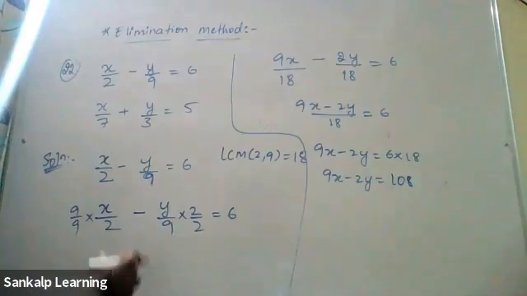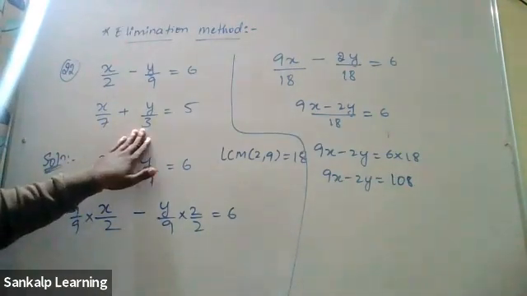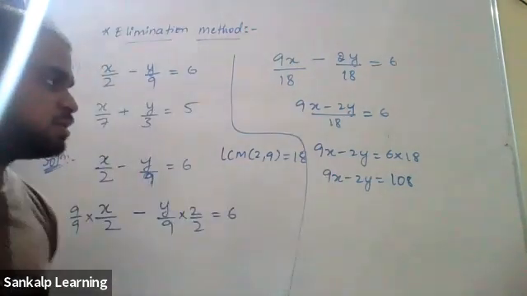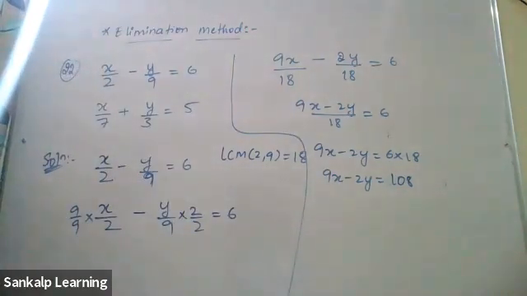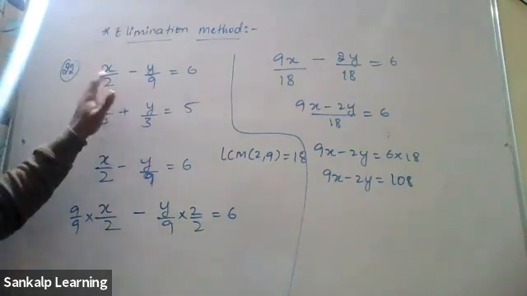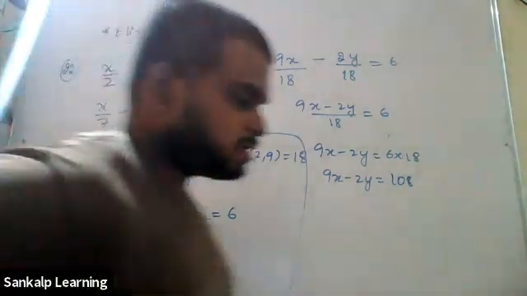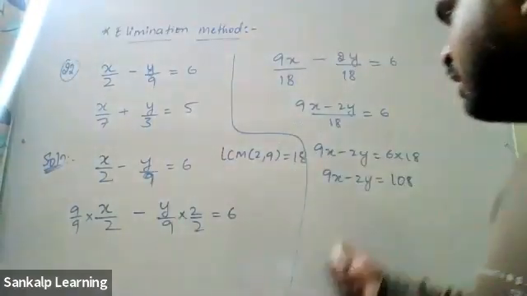Next, take this equation and do the same procedure. Here you got 7 and 3 in the denominator. Take the LCM and do the same procedure. You'll get one more equation. Is that clear for everyone? Here the denominators are in fraction, so take LCM and get it in the standard form.